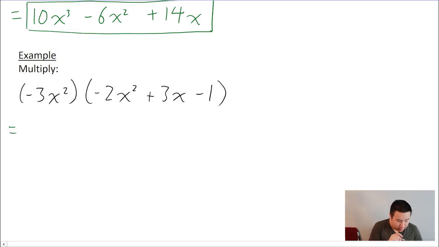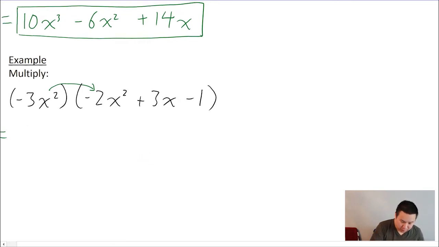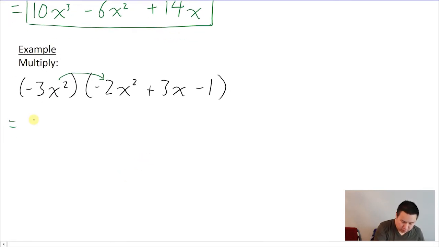First up, negative 3x squared with negative 2x squared. Well, negative 3 times negative 2 gives me positive 6. And then x squared times x squared, we can add the exponents together here using our exponent law, gives me x to the power of 4.